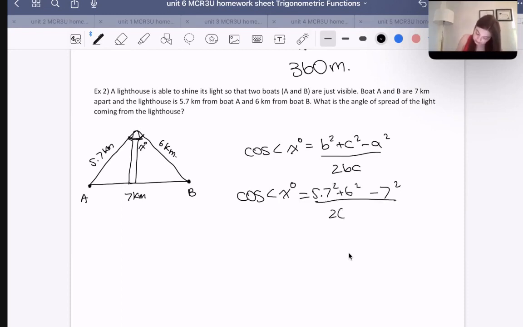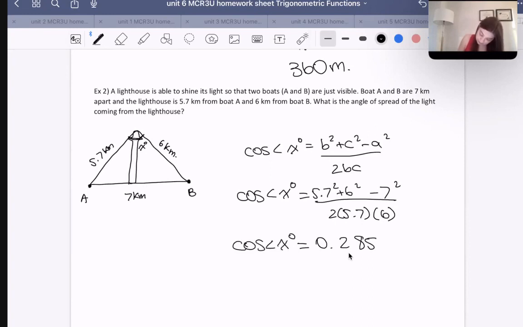All right, times 2bc. And then I'm going to punch that in my calculator, and we're going to find out what that is. So we have 5.7 squared plus 6 squared minus 7 squared. And then we're going to divide that by 2 times 5.7 times 6. And I'm going to get about 0.285 approximately.